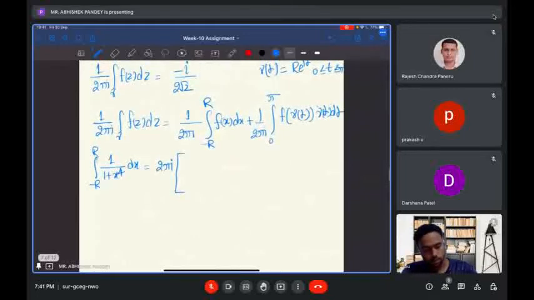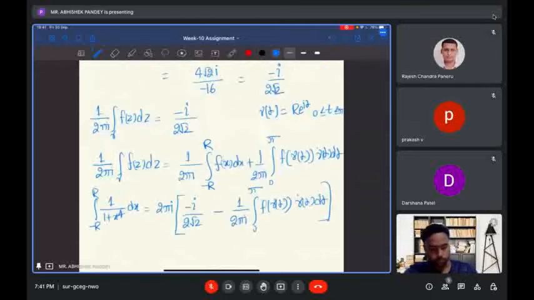So we will put this one. Minus i upon 2 under root 2 minus 1 upon 2 pi i integral 0 to pi f of gamma t gamma dot t dt.